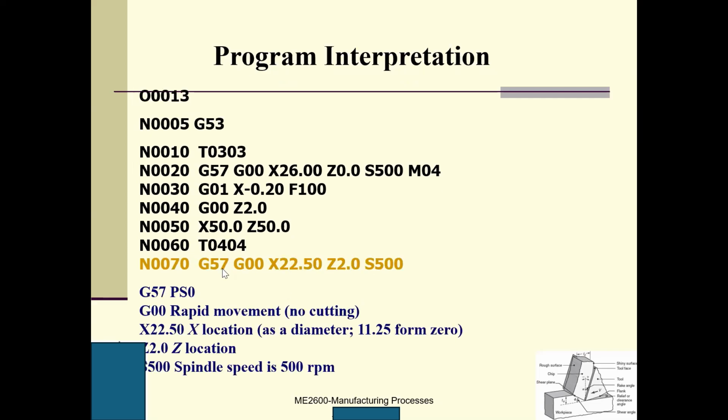So then G57 is G00, rapid movement, no cutting, to X and Z with this spindle speed.